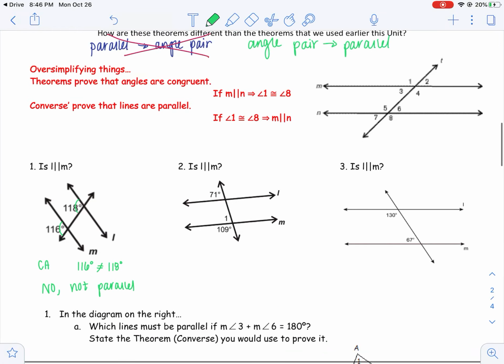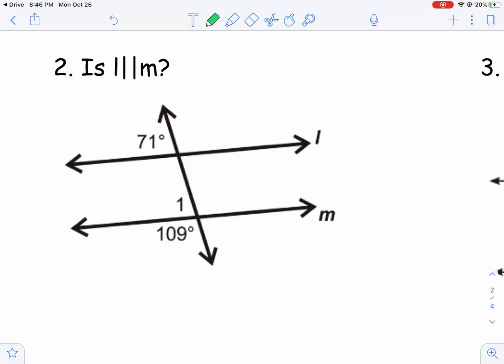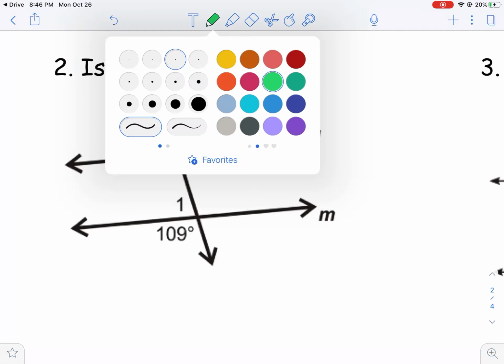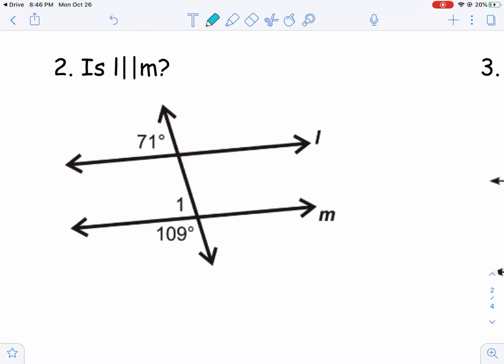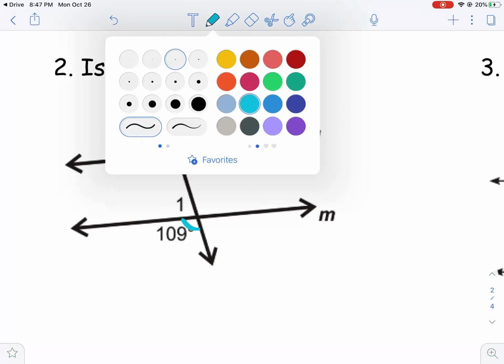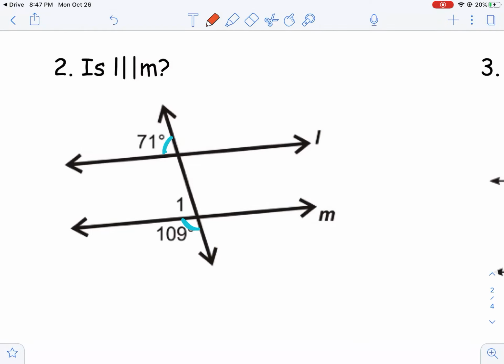All right. Now let's look at these guys. I've got that this guy is 71 degrees and this guy is 109 degrees. Okay, well that's not an angle pair. We don't have anything for consecutive exterior angles. We don't know anything about those. All right, but I could maybe think, well, do I know what this guy is?